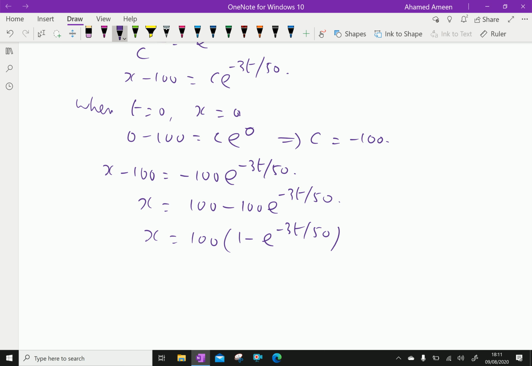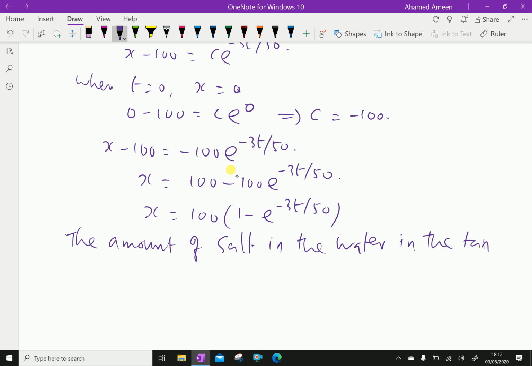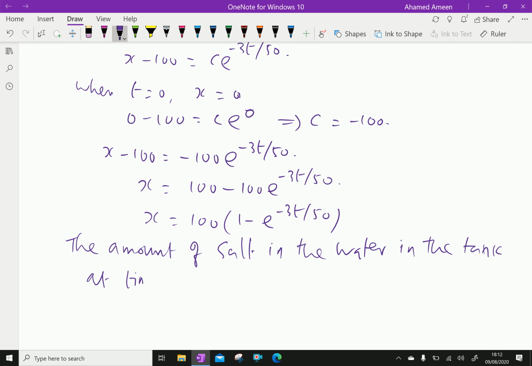Hence the amount of salt in the tank at any time t is given by x equals 100 into 1 minus e power minus 3t by 50.